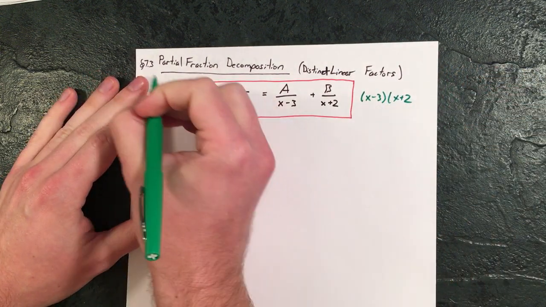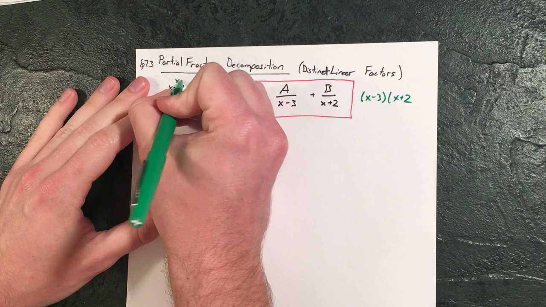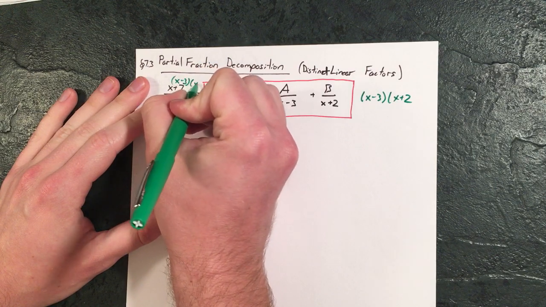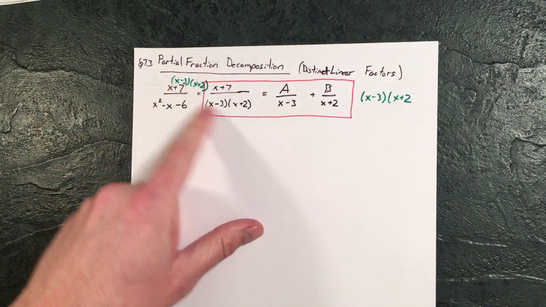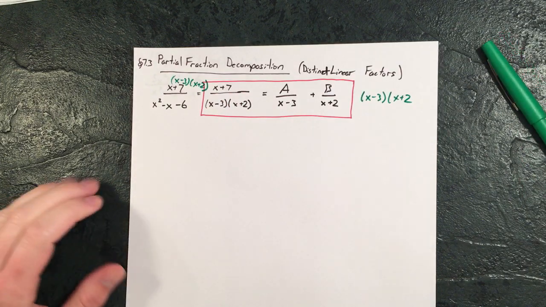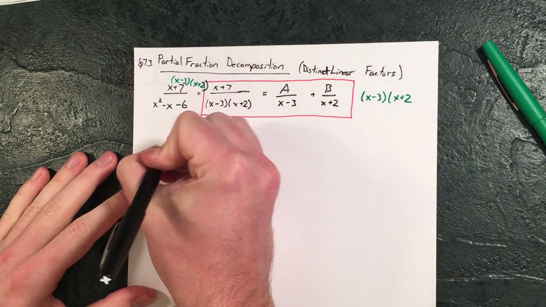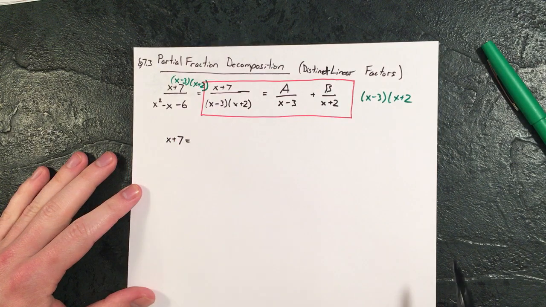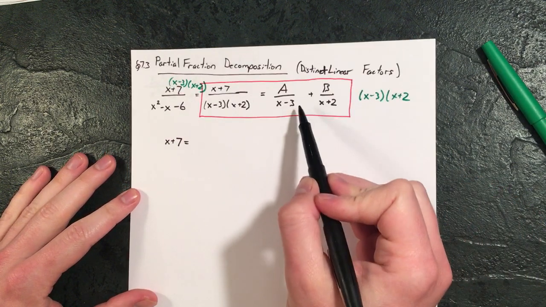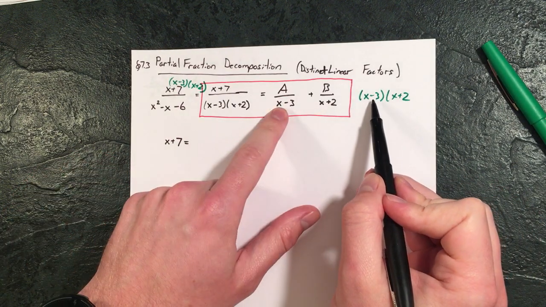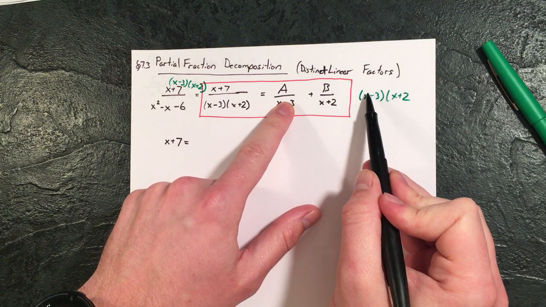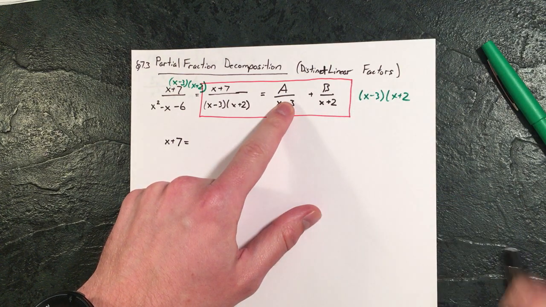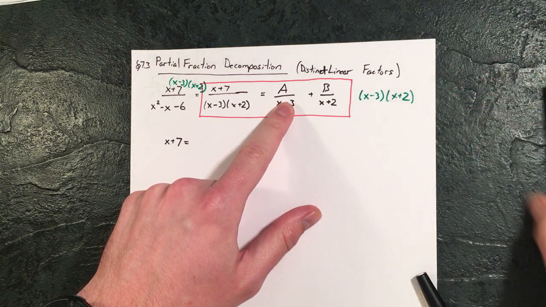So if we multiplied it on this side and this side, on the left side we're just left with this x plus 7. On the right side, when we multiply the first term, the x minus 3's are going to factor to 1, leaving us with a times x plus 2.